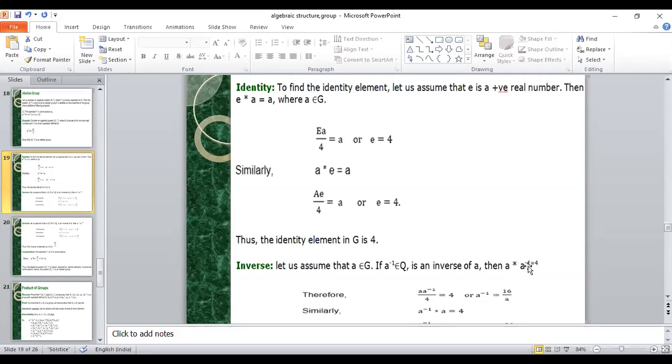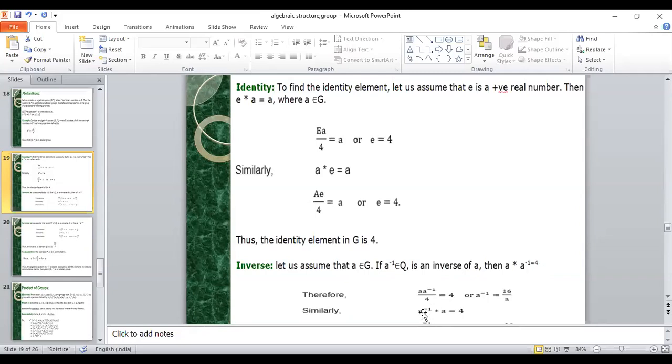So a * a inverse = 4. Writing these two elements, a a inverse/4 = 4, so a inverse is equal to 16/a.